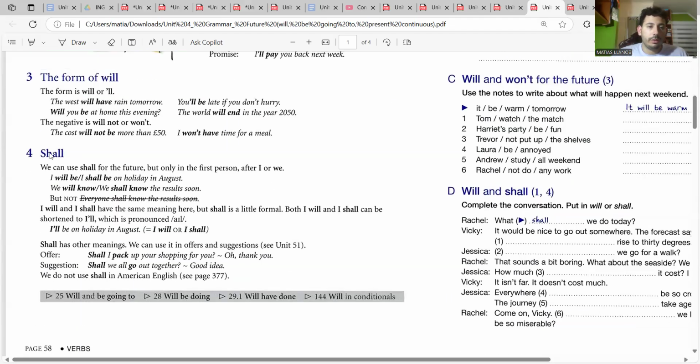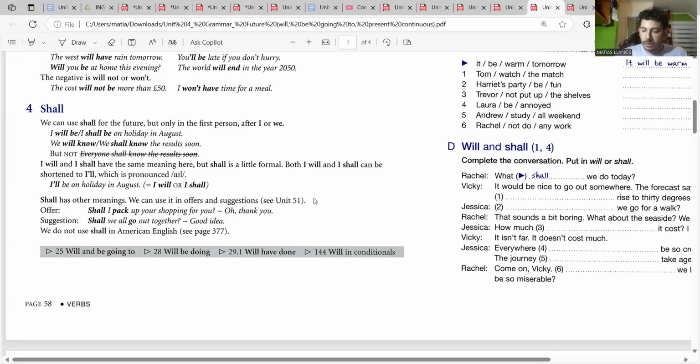We also have here shall. We don't use it that much, but I will teach you about it. We use shall for the future, but only if the person is I or we. Shall is something more polite. It's not very used because of it. When you use shall, it's more polite. Will is more general.